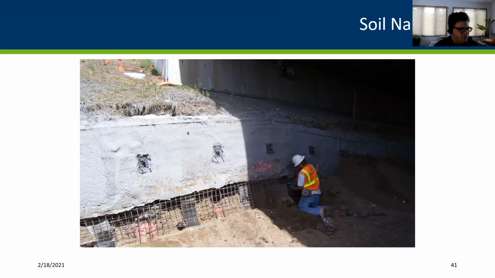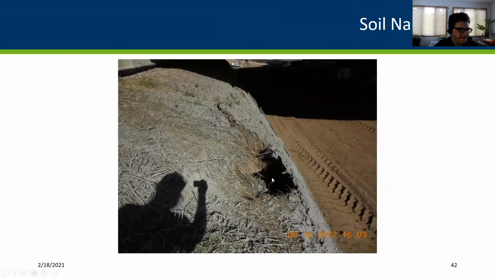Because as you excavate, that soil will sit there for a little bit, but due to vibrations in the area, and just because the soil will either dry out or conditions change environmentally, you're going to get that soil sloughing. So you want to get the nails in and that face in as quickly as possible as you're doing those stages. And in this case, they didn't exactly do that.